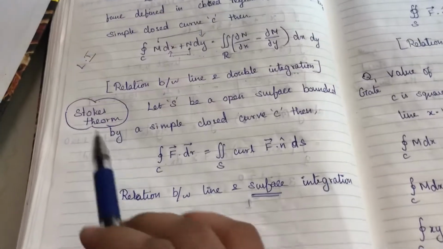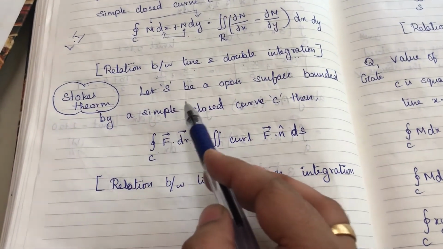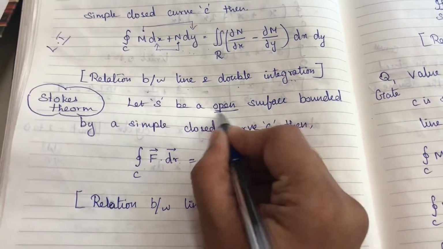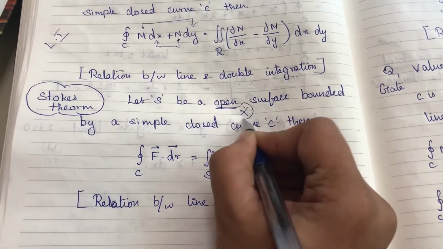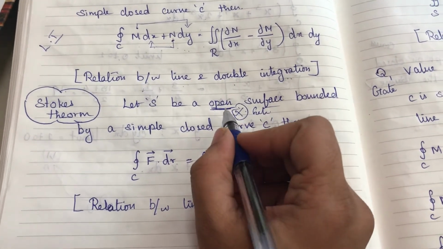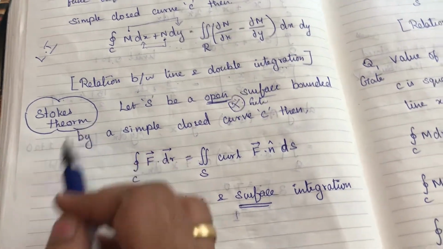And next is Stokes theorem. Let S be an open surface. This is very important. It can be asked in the GATE question actually. Whenever the question asks about an open surface, you have to substitute the Stokes formula.